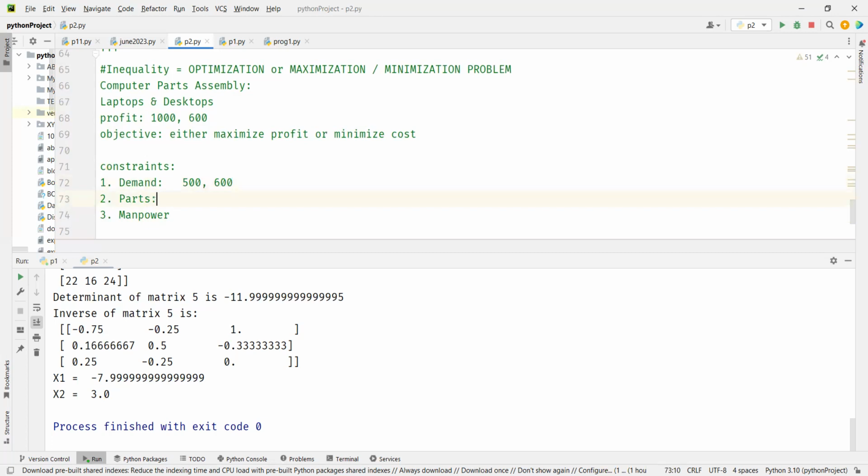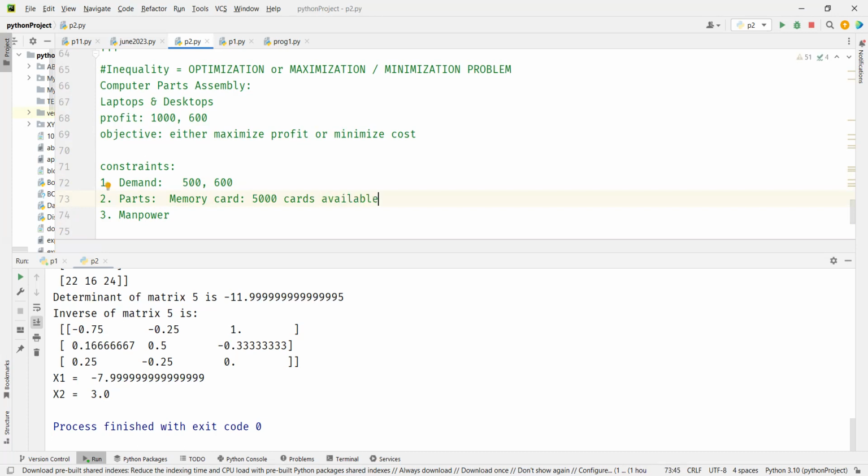Now parts could be that you need, let's say, memory. Memory cards are available, only 5,000 cards are available total. You will have suppliers, right?